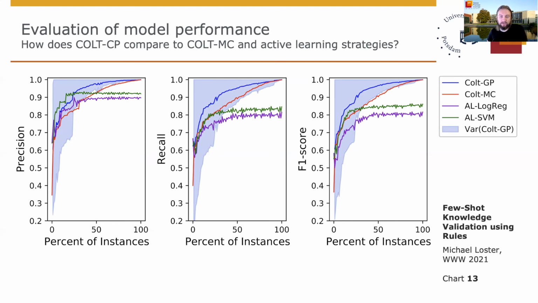As a result, COLD-GP already achieves an F-measure between 75 to 80%, while using only 5 to 10% of the training data. Looking at the performance of all 4 approaches, we conclude that it is not sufficient to rely solely on fixed similarity measures, as in the case of COLD-MC, or on traditional active learning strategies.